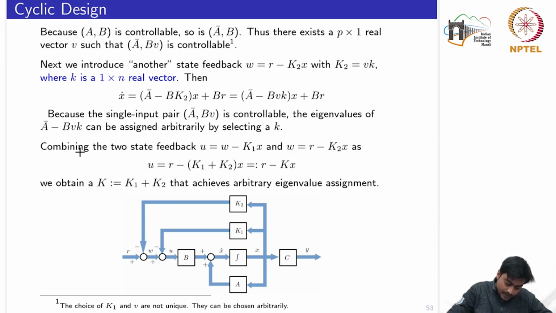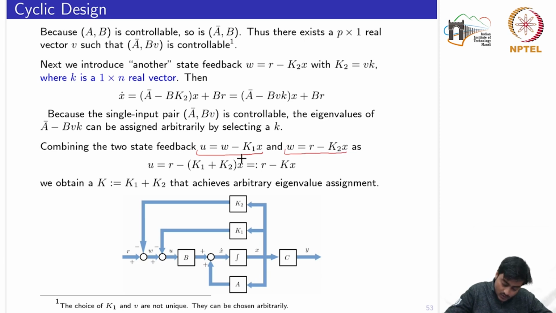Now if we combine these two state feedbacks, the first one is U is equal to W minus K1x, and the second one is W is equal to R minus K2x.